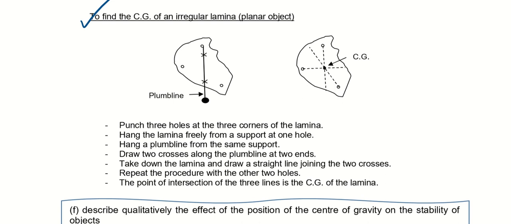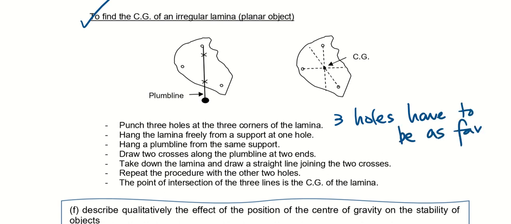The 3 holes have to be as far apart as possible. Then you suspend the laminar hanging freely from a support at 1 hole. Then we hang a plumb line from the same support. Plumb line, basically there is a bob here, and because the weight will always act vertically downwards, it should allow us to draw this vertical line.